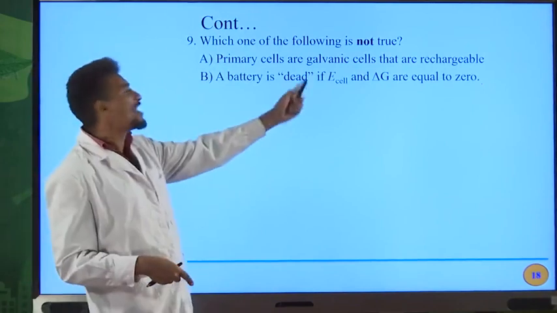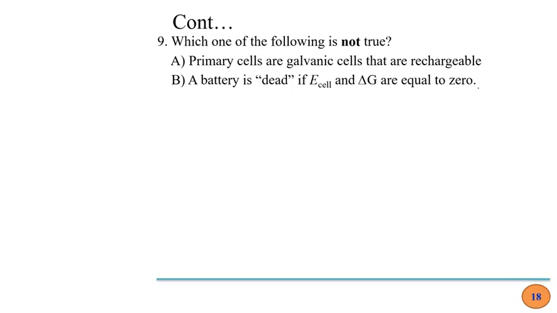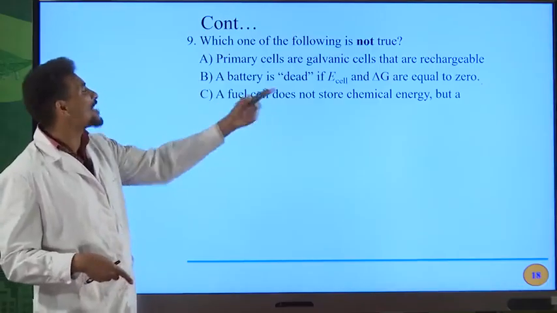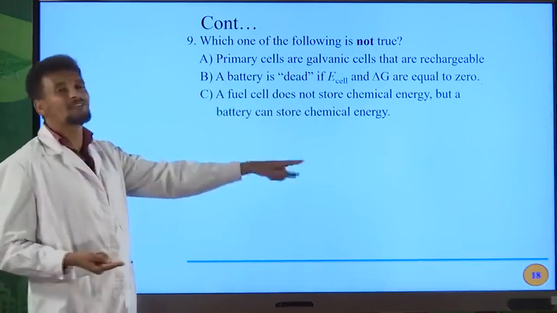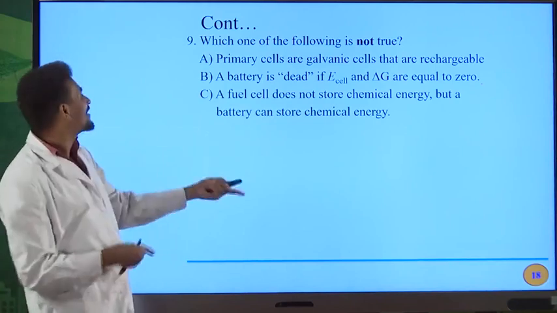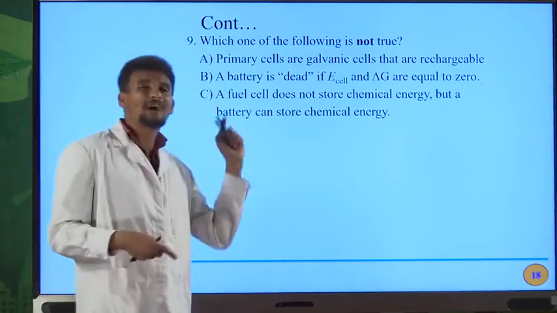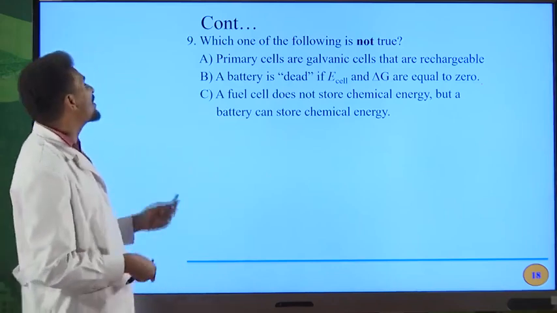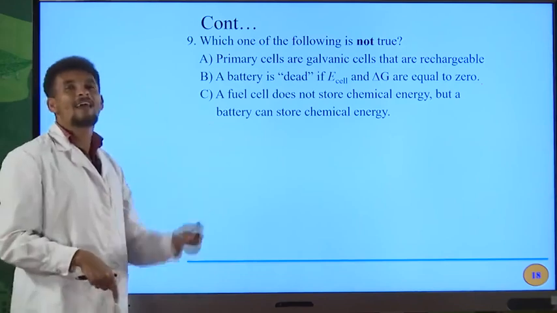B. A battery is dead if E cell and delta G are equal to 0. So this is also correct. C. A fuel cell does not store chemical energy, but a battery can store chemical energy. This is true. I already told you that a fuel cell does not store chemical energy, but a battery can store chemical energy. So this one differentiates between fuel cell and the battery.